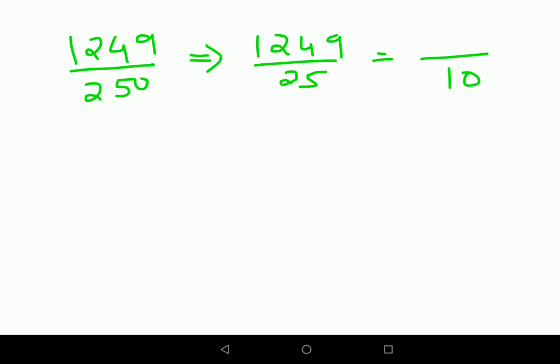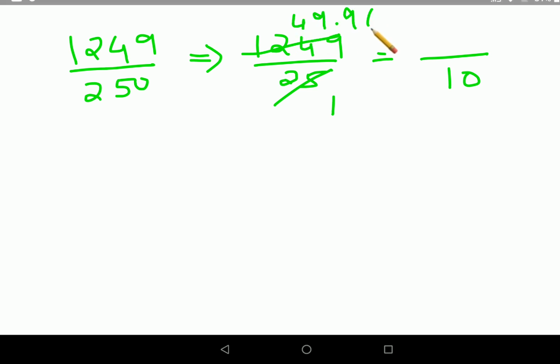Okay. So now see, here you can directly do the division, or you can even split and do it like 1249 upon 25, and whatever answer you get, you divide it by 10. It is up to you. Okay, I personally prefer it this way. It's much easier for me. So what I get is 49.96.